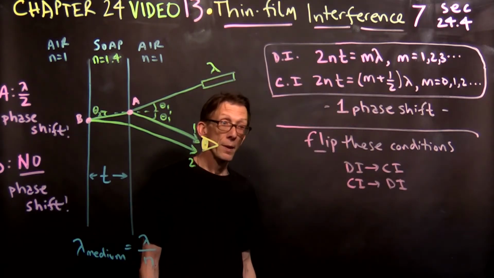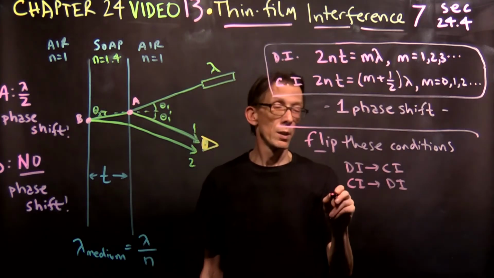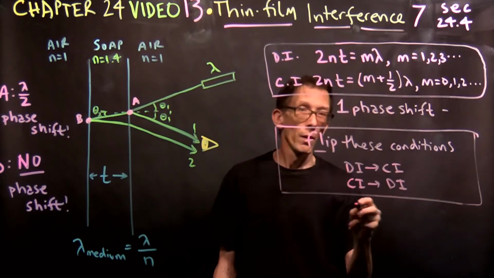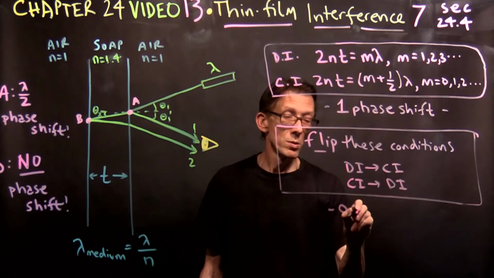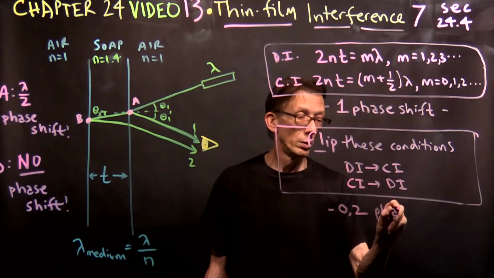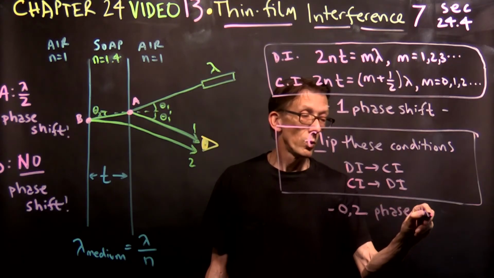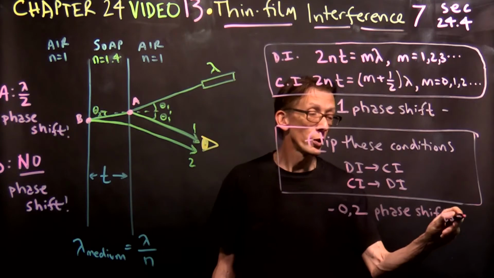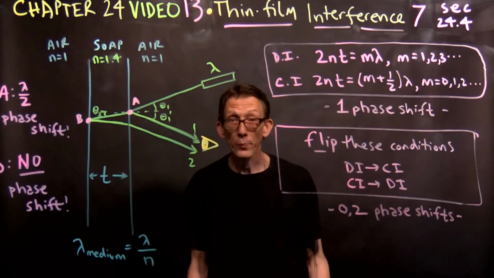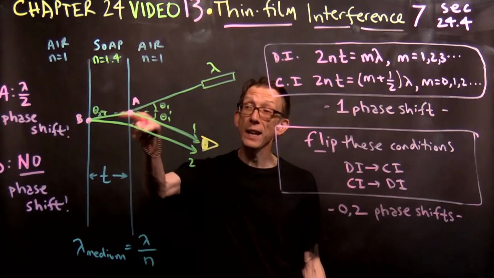This is for 0 or 2, because we have 2 points of reflection, A and B.